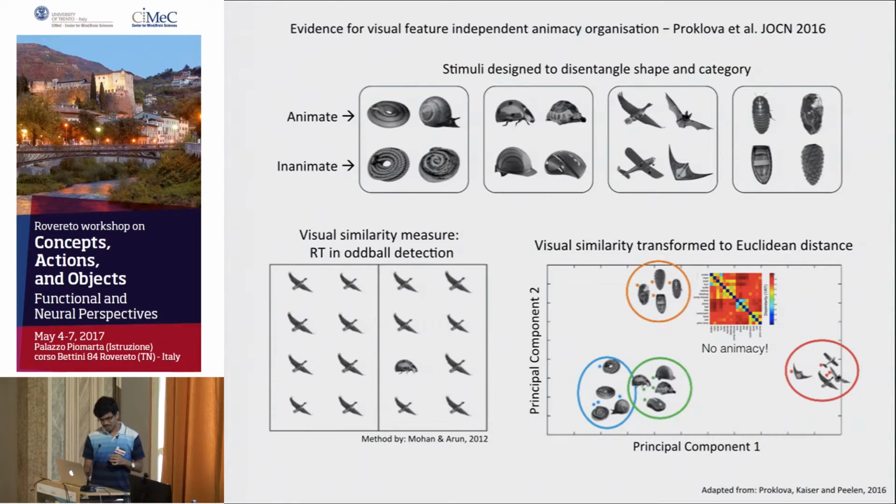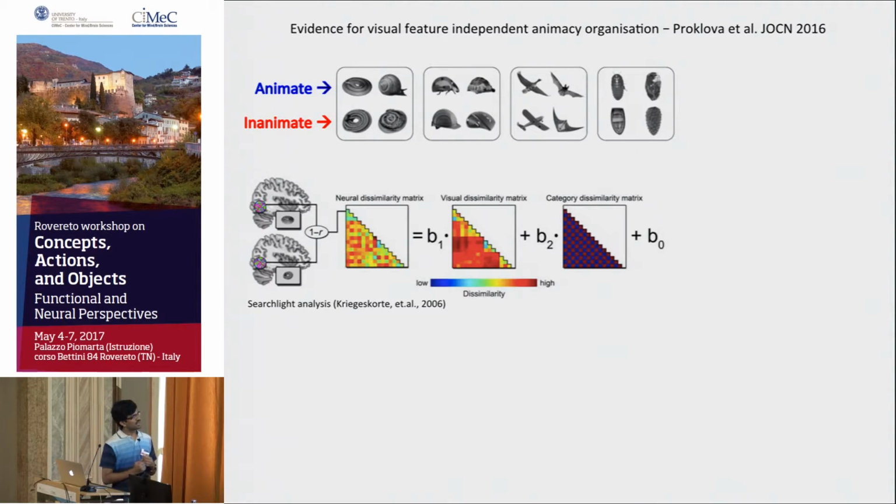Now, what they did is they ran a searchlight analysis using the visual dissimilarity matrix, which we got from the oddball task, and the category dissimilarity matrix, which just says the pairwise distance is 1 if they are from two different categories, as it regresses onto the neural dissimilarity matrix in each searchlight.